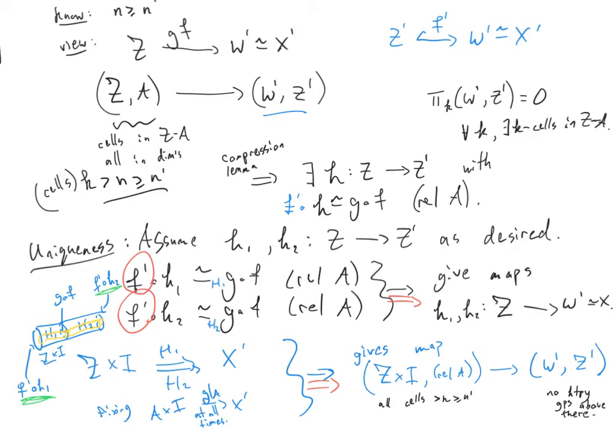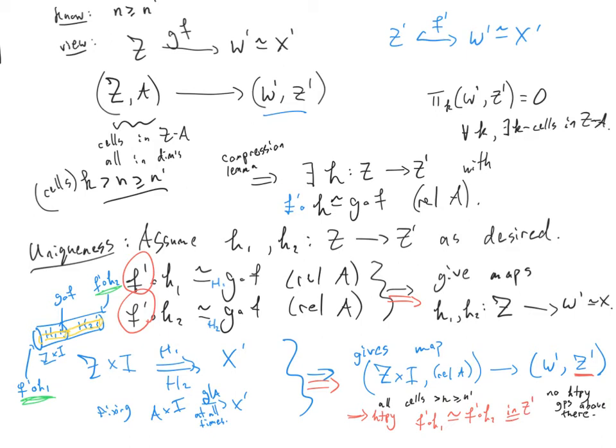So what this means is this big homotopy between F prime H1 and F prime H2 actually can land inside of Z prime. So we get a homotopy between F prime H1 and F prime H2 in Z prime.